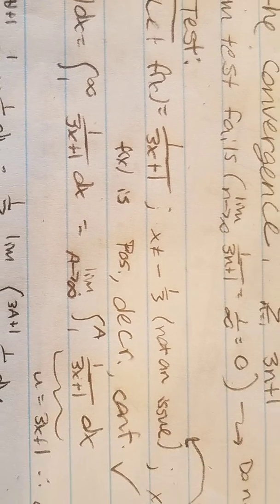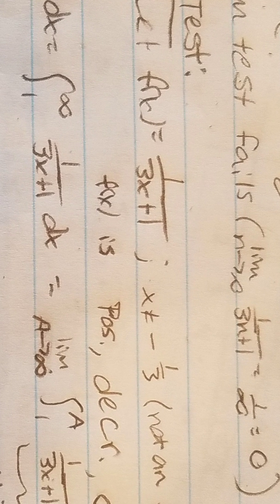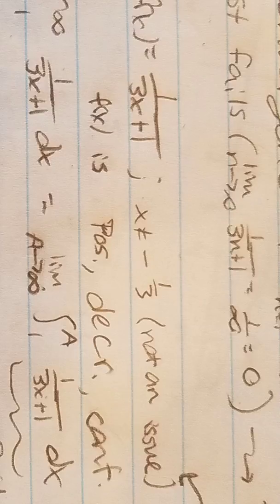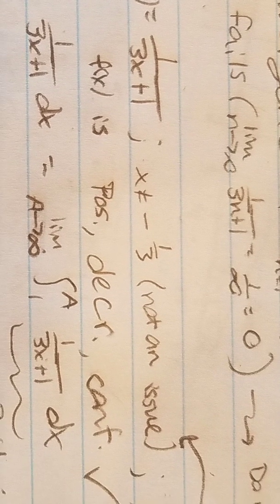So, to use the integral test, what do you have to prove? Luckily on this one it's easy, but you always have to prove that f of x is positive. Well, x is positive, and everything else around it is positive. Yeah, f of x is going to be positive. It's decreasing. Well, the numerator is staying the same. The denominator is growing larger and larger.